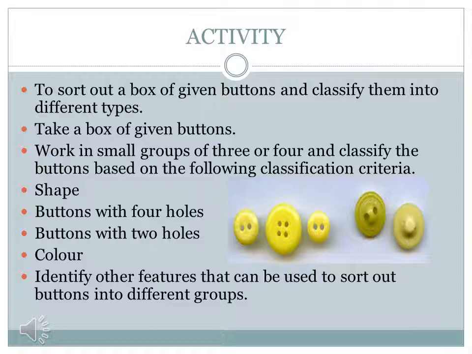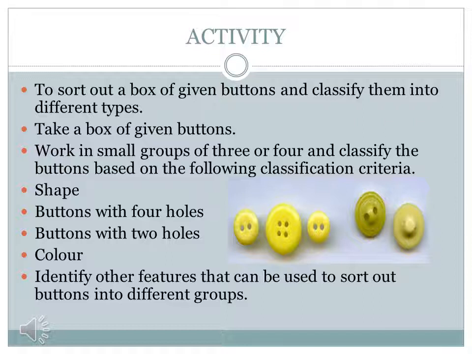Identify other features that can be used to sort out buttons into different groups. Based on the special features and characters, identify each button according to its size, hole, and color. This is known as identification. Separate the buttons according to the size, hole, and colors.